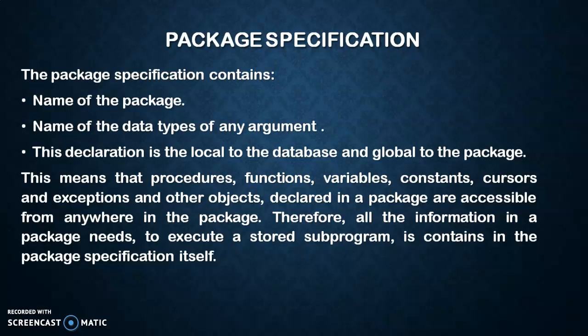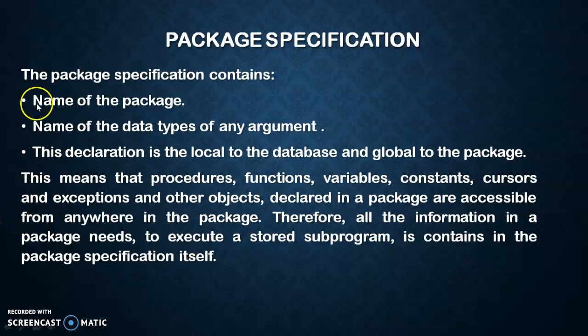In other words, it contains all the information about the contents of the package but excludes the code. How that content will work is not included in this part. Just the naming and declarations are included.